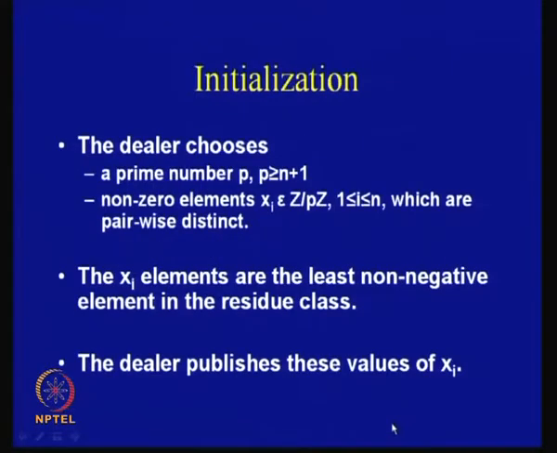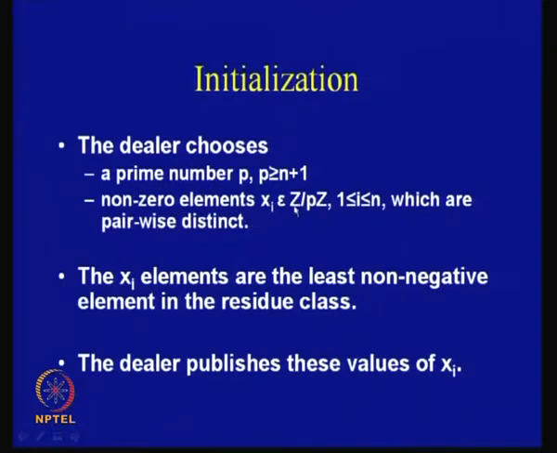So, for that let us consider this initialization. What the dealer does is that the dealer chooses a prime number p, where p is greater than or equal to n plus 1, and non-zero elements xi belonging to 0 to p minus 1, with i varied from 1 to n. Note that all these values of x are pairwise distinct.